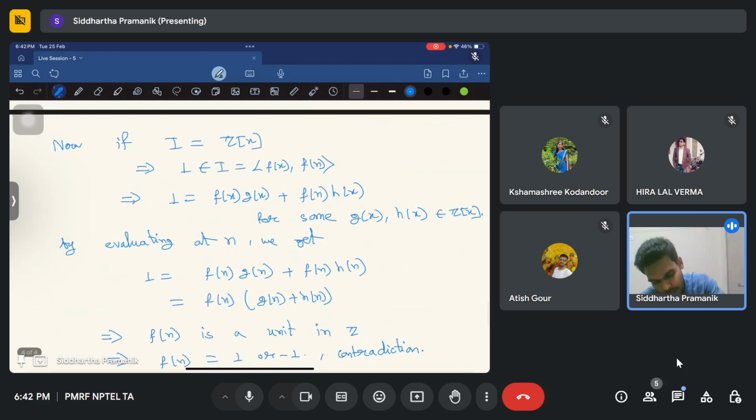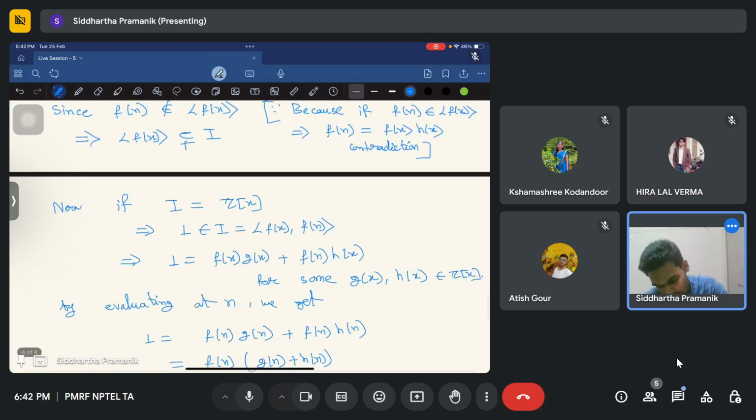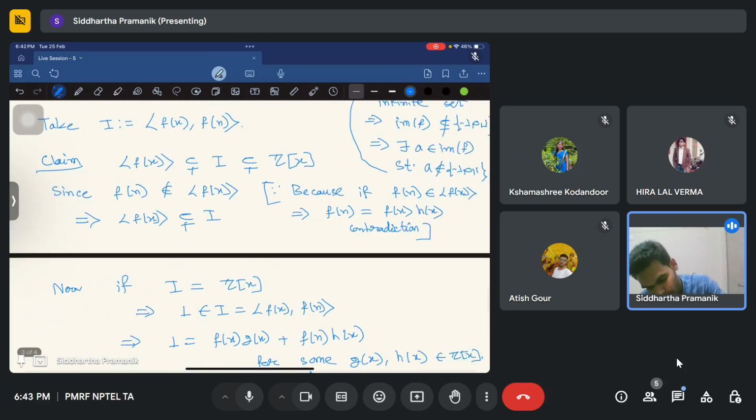So our assumption is wrong, which was I equals Z[x]. So thus I is also a proper subset of Z[x]. And this proves our claim that I is properly contained in between the ideal generated by f(x) and the ring Z[x].